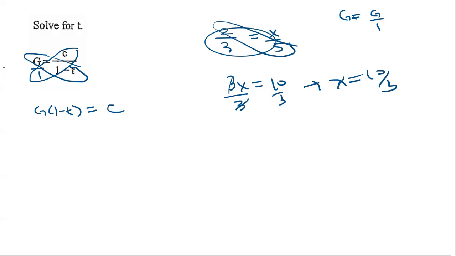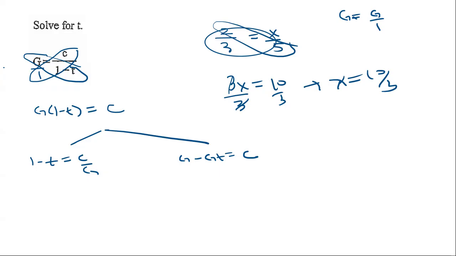So I can do this in two ways. I can divide by g, which gives me 1 minus t is equal to c over g. Or I can distribute the g, and it gives me g minus gt equals c. So it's going to lead me to two different paths.